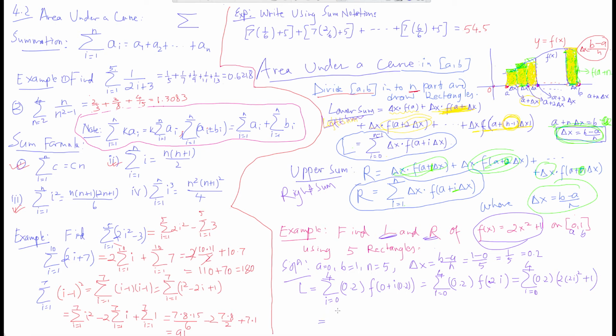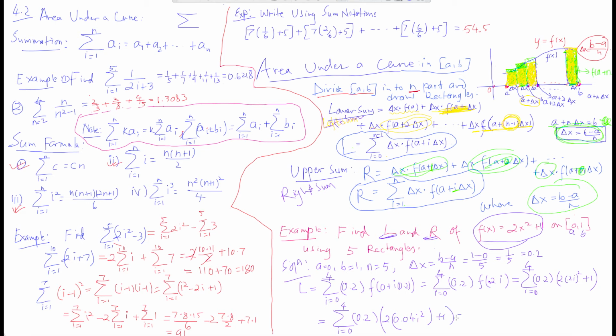So let's simplify. Summation, i runs from 0 to 4. You see that? 0.2 times. So how much is 2 times 0.2i times 0.2i? If you do 2 times 0.2i times 0.2i, it will be 2 times 0.04 i squared. That's what you get, because 0.2 times 0.2 is 0.04, and i squared, and then plus 1.